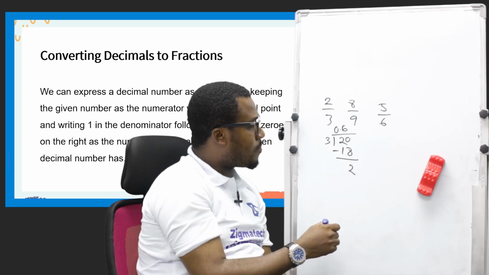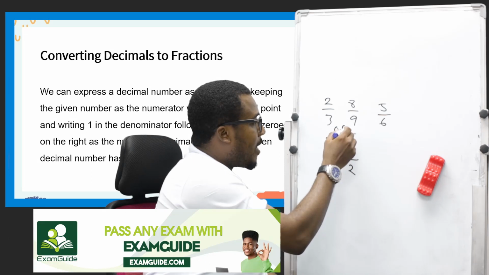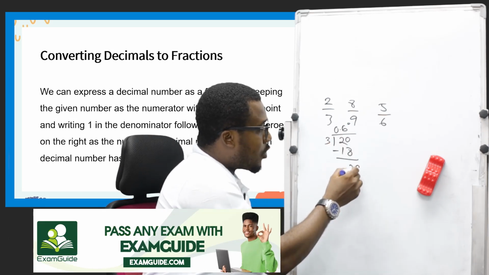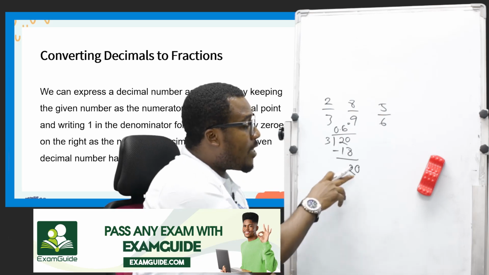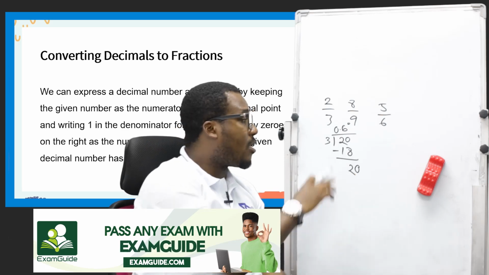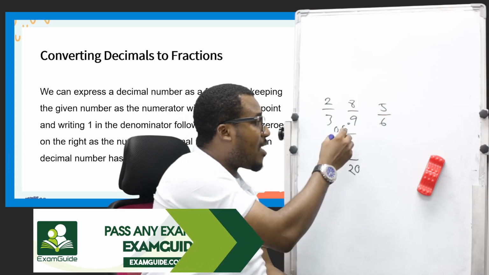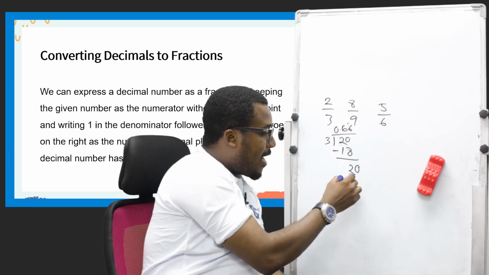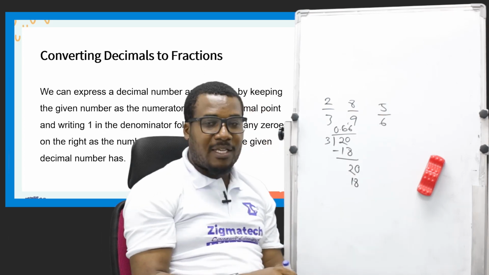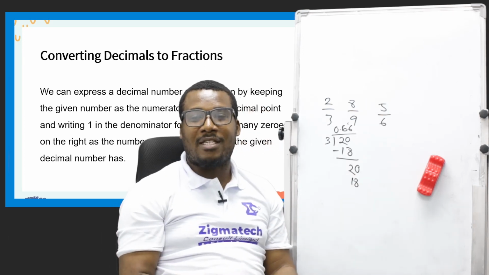2 into 3, 2 again cannot go, so you add a 0. I always add a tiny 0 just to make you understand that there's a minute 0 there, and you add another 0 to make it 20. 3 into 20, the exact same thing, gives you 6 here again. And you find that this is what we call a repetitive fraction or recurrent decimal.